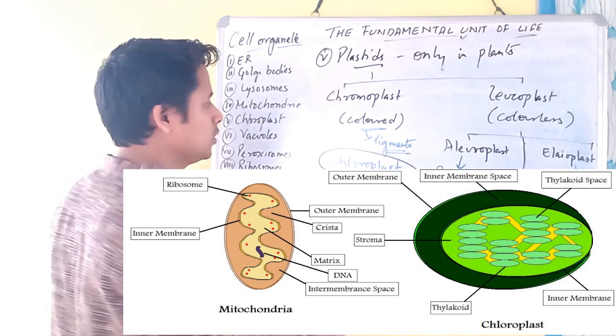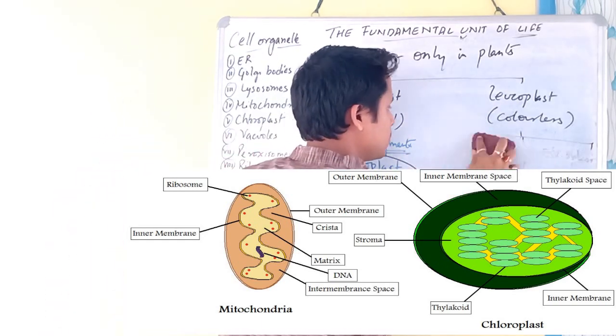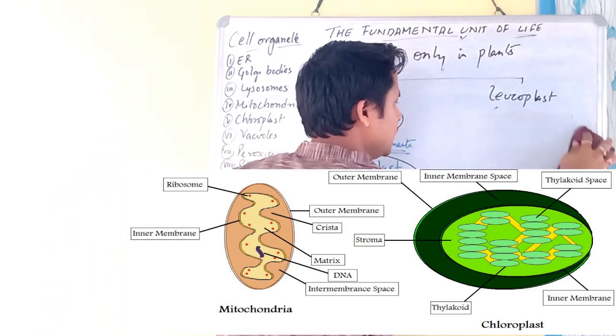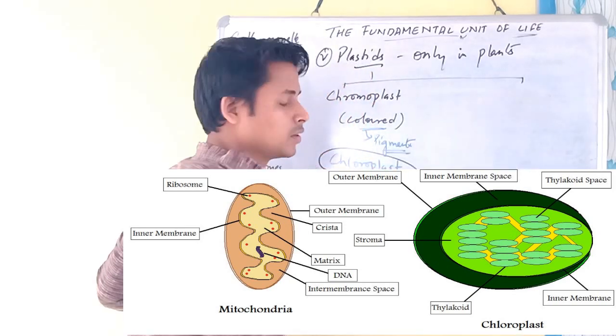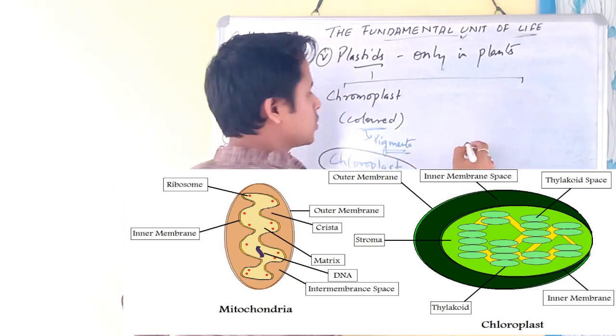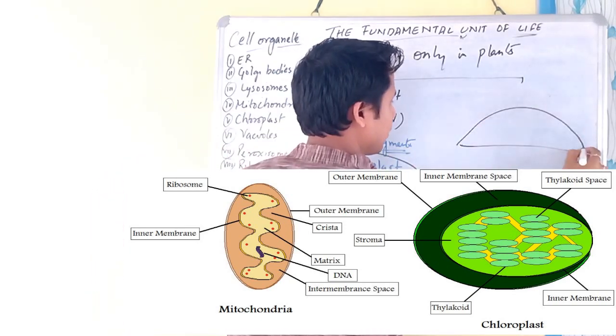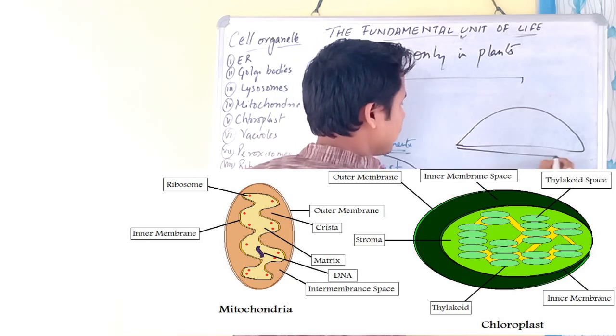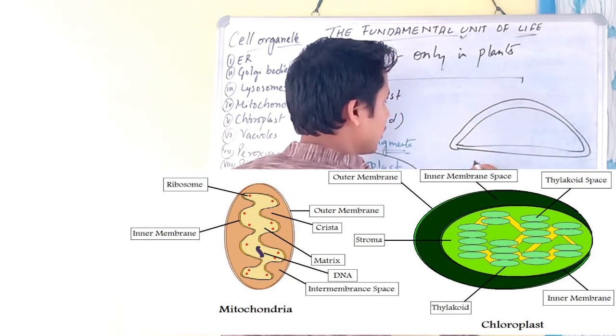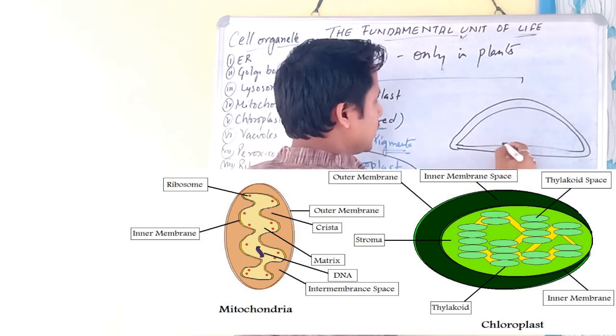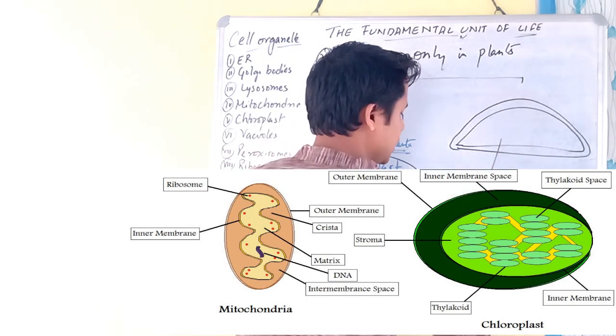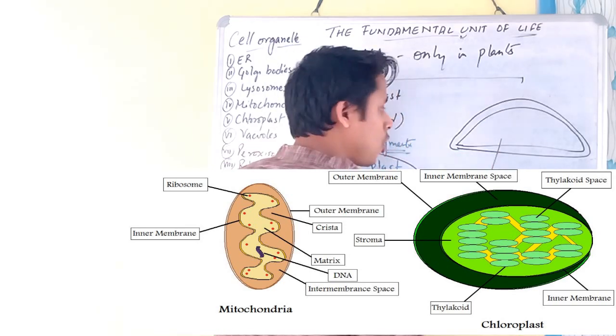I'm moving to this side so that you can see nicely. Now, if I draw the structure, here the gap which is present is called stroma.